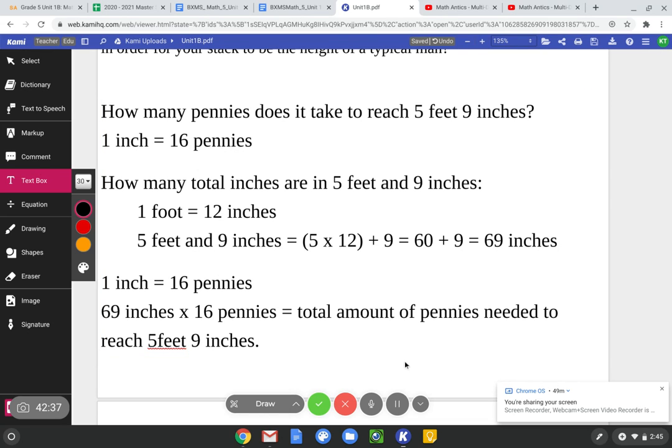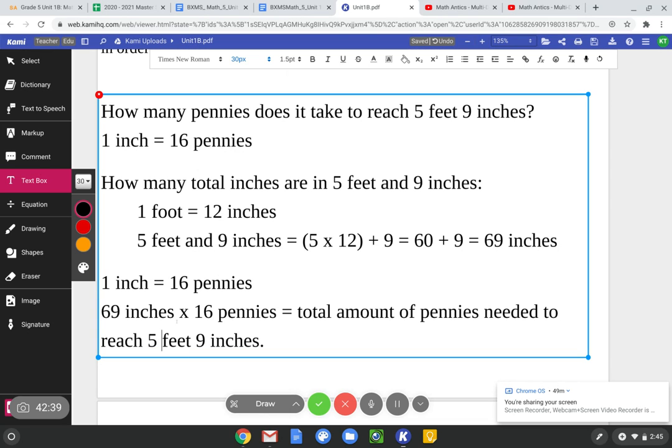And I just want to clarify, the reason why we did 5 times 12 is because there are 12 inches in 1 foot. So if you have 5 feet, you're going to multiply 5 times 12 to get the total amount of inches, which 5 times 12 is 60.